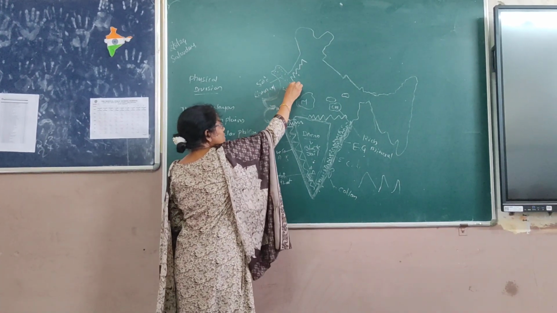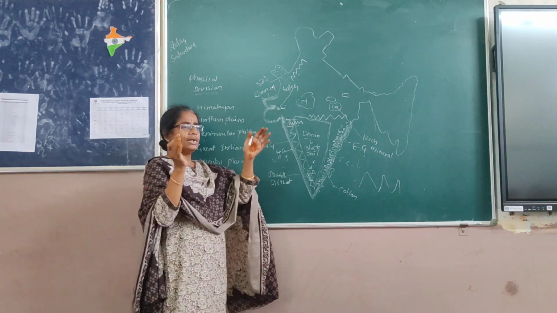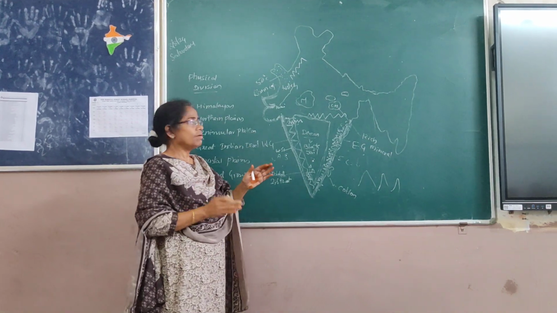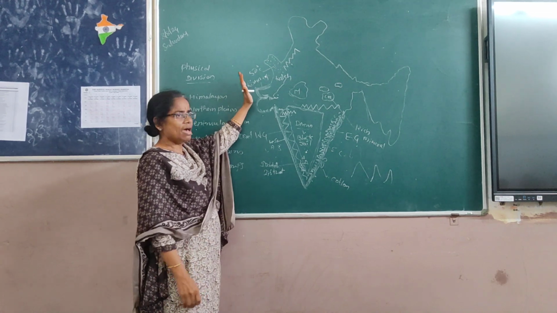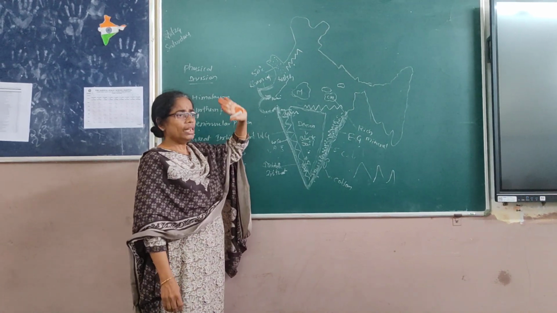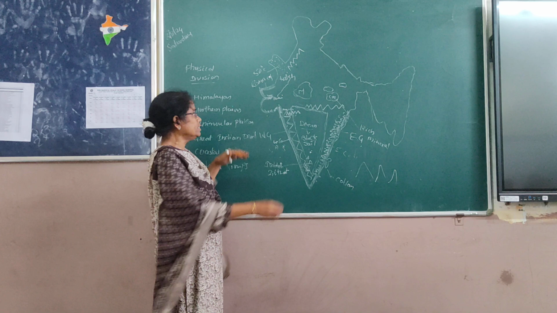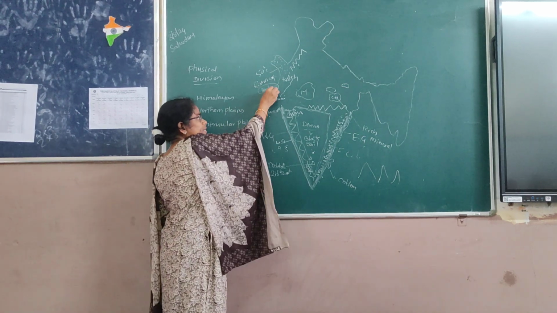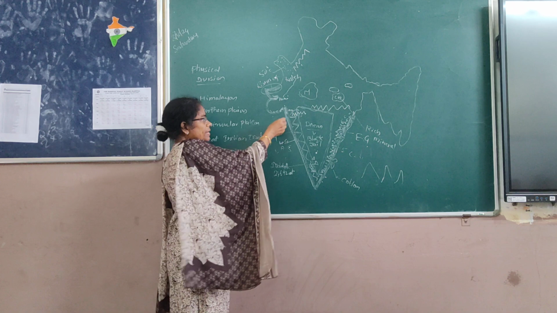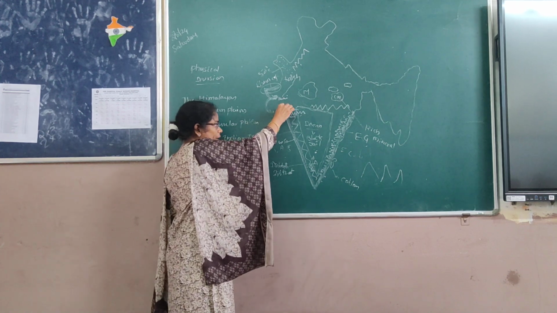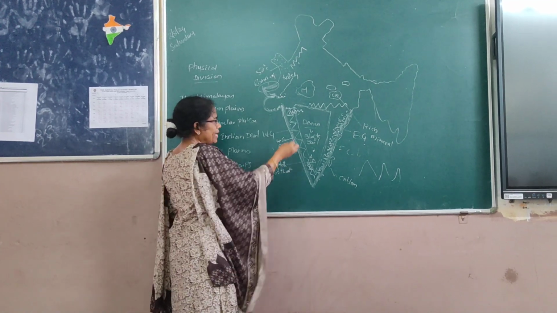This Rann of Kutch region is completely under the cover of defense because it has a naval base. All the naval people use this area, and others are restricted from coming into this region. Then from the western part, it is divided into three parts.